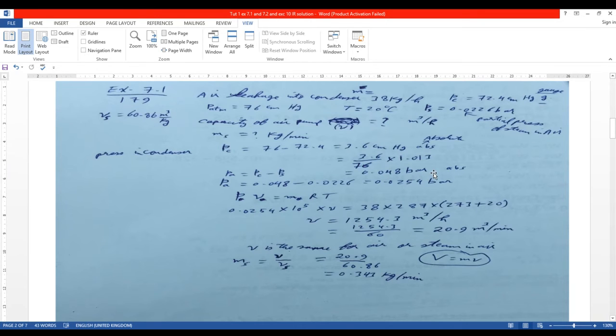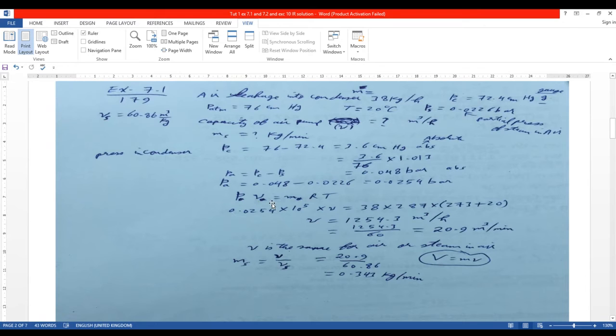This is the absolute pressure in the condenser. So we know PC and we know PS, so we can find the partial pressure of air, which is the difference, and we get 0.0254 bar.